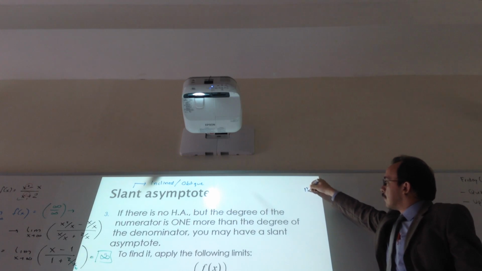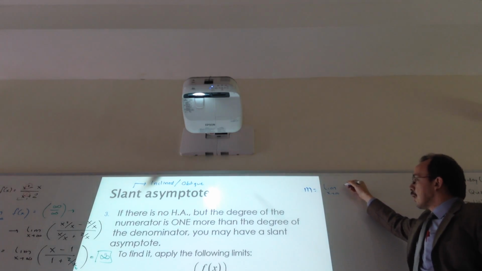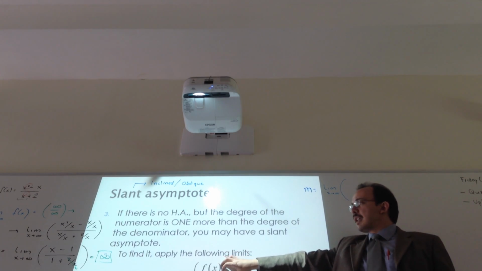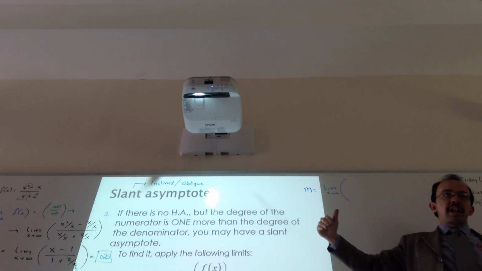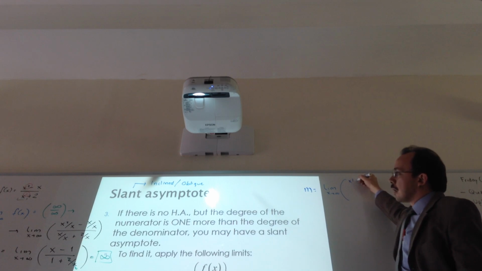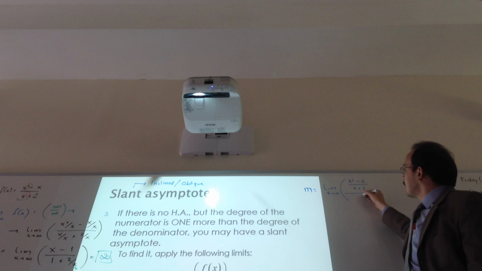First, the m. The limit x approaches infinity of f of x over x. What does that mean? That I'm going to put my function and divide it over x. So it's going to be x squared minus x over x plus 2, all of it divided by x.